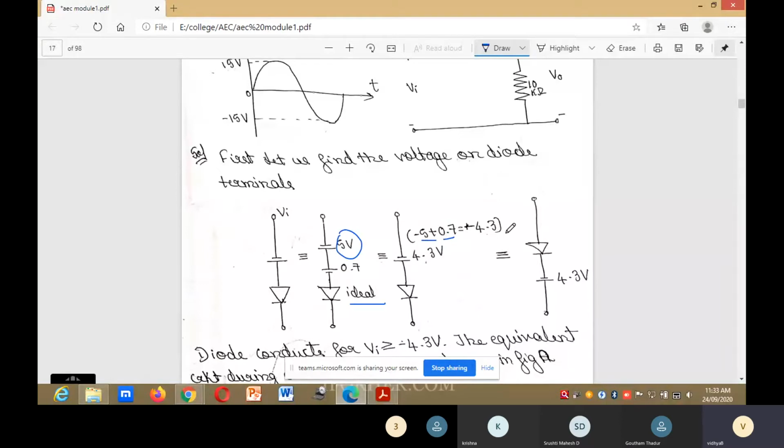You'll get minus 4.3, that is 4.3 as the reference voltage.